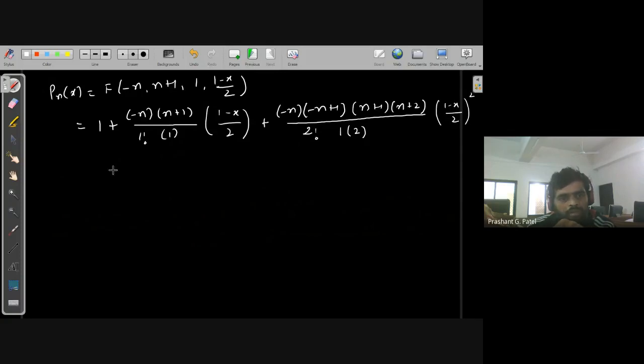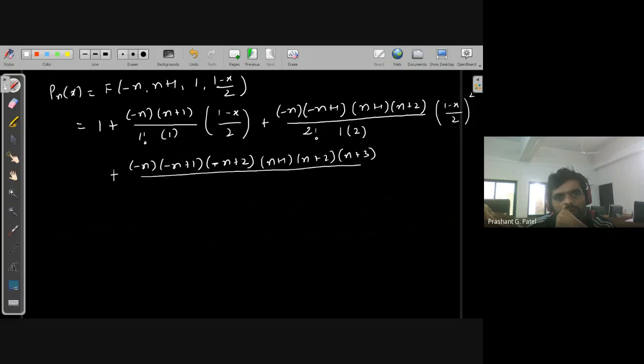The third term will have (minus n)(minus n plus 1)(minus n plus 2), then (n plus 1)(n plus 2)(n plus 3) upon 3 factorial into 1 into 2 into 3, that is actually c into (c plus 1)(c plus 2), c is 1, into (1 minus x by 2) whole cube, up to and so on.